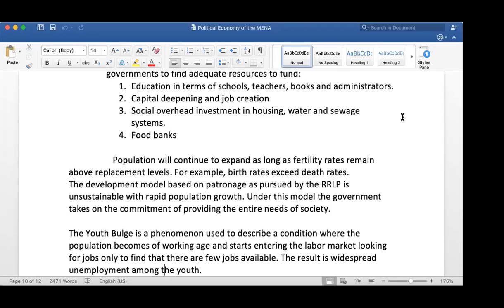Also, Libya has a lot of investments overseas. They bought a lot of assets during the Gaddafi regime. So they have maybe close to $250 billion worth of foreign investments.